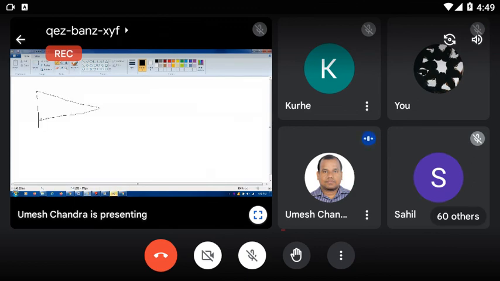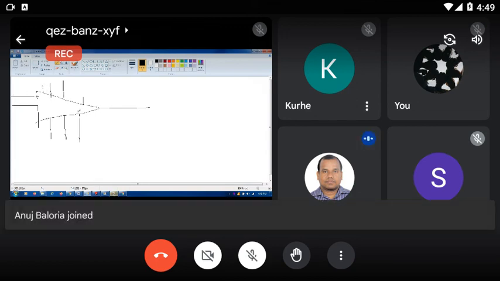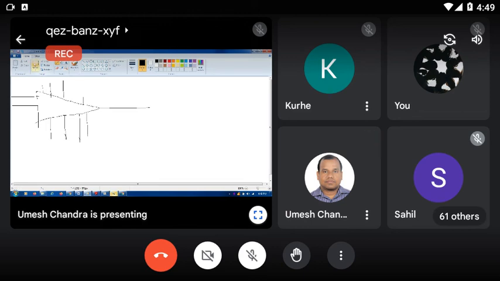And this is the symbol of IC, and physically the IC is like this. Suppose the lower side has 7 pins and the upper side has another 7.